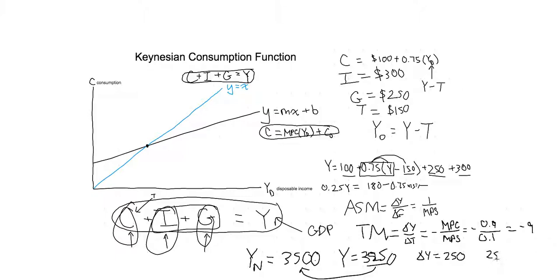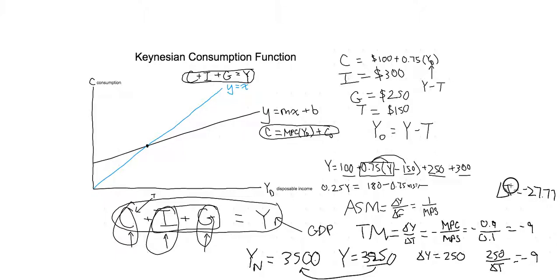We get 250 over delta T equals negative 9. And so if we do the math over here, 250 over negative 9 is equal to like negative 27.777. That means you need to decrease taxes by 27.7 billion.